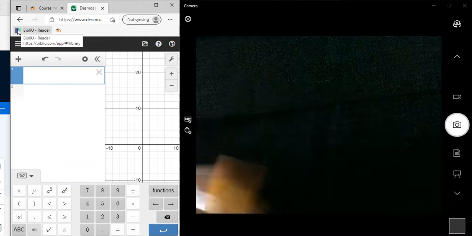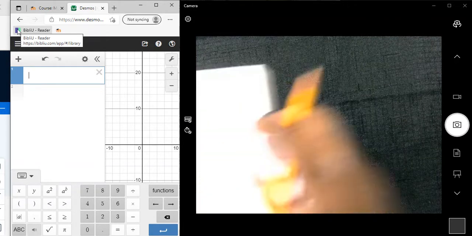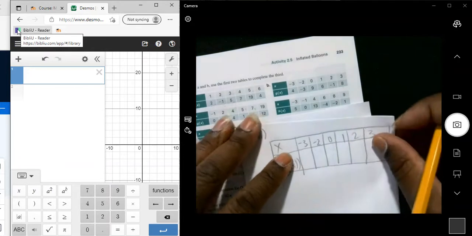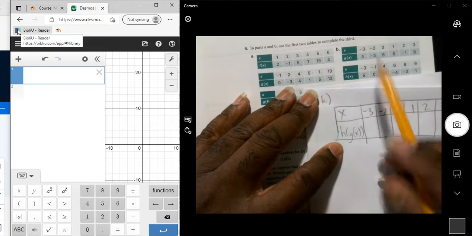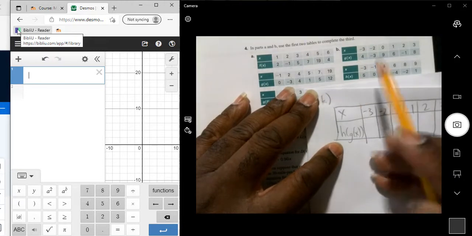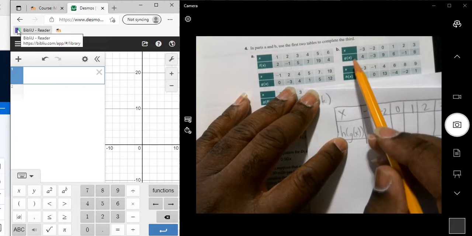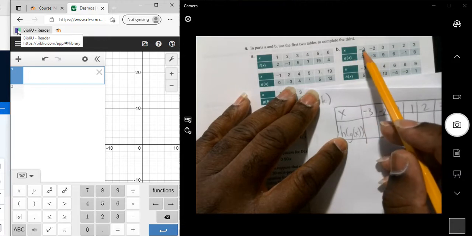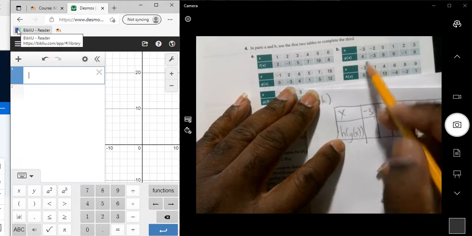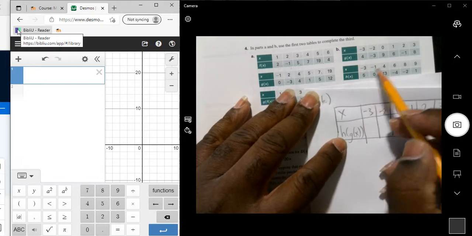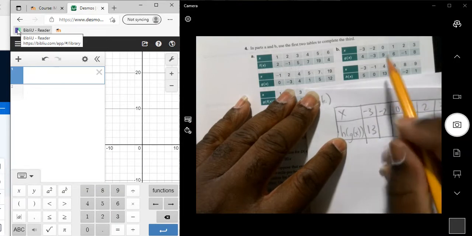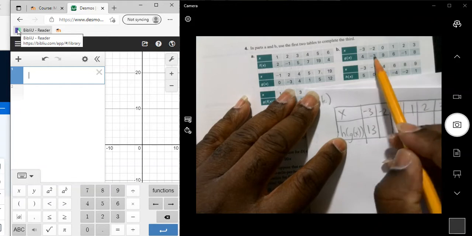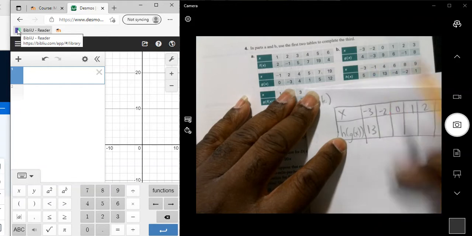Now we have h of g of x when x is -3. g of -3 would be 4, so that would be h of 4. h of 4 would be 13. Then we have g of -2, which is -3, and h of -3 is 5.